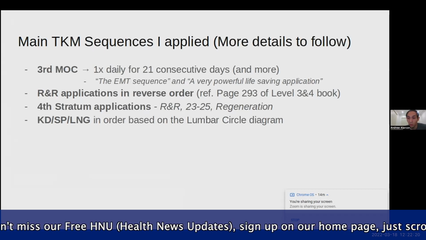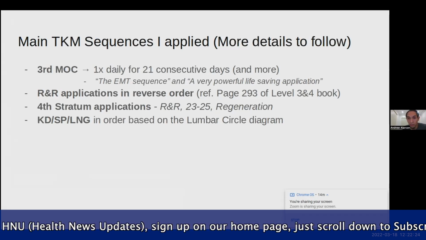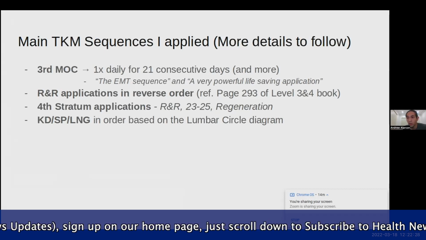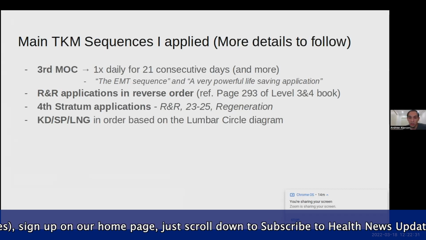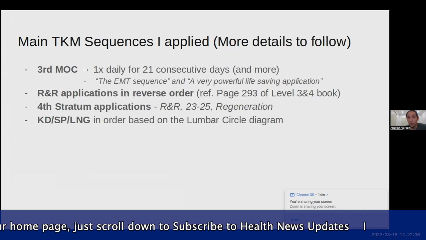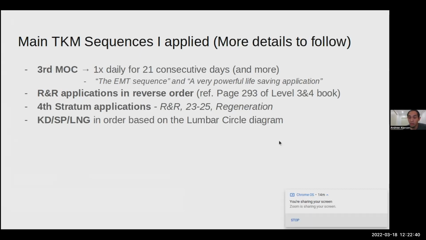No, you can space this out. It could be on a daily basis if that's the frequency of when you're working with someone, or it really depends. But if you apply it for 21 consecutive times, it has a very, very powerful effect, especially against a lot of dysfunctions and disharmony like cancer.